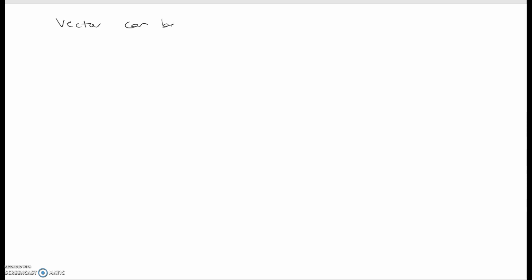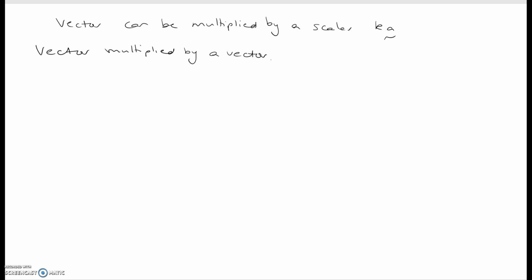We've already seen how a vector can be multiplied by a scalar. We've seen that. So we've got ka. But we need to see a vector multiplied by a vector. And for this, we talk about this as being a scalar product.